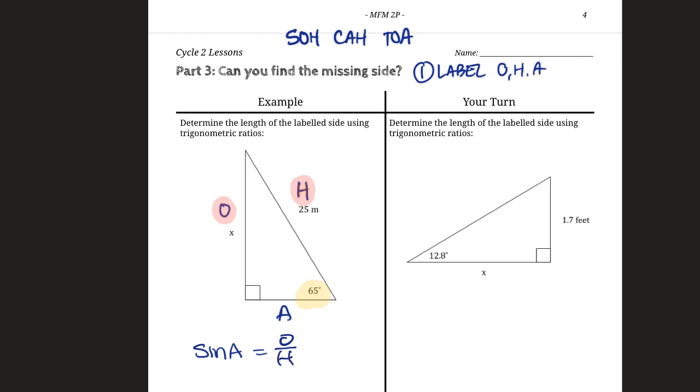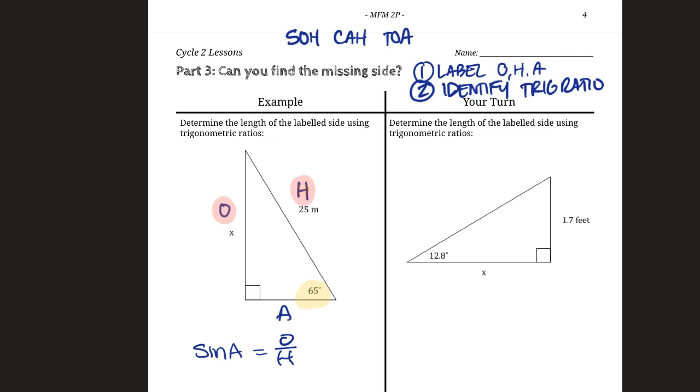So there we go. We now know we can use sine to help us with this question. So the second step here is identify the correct trig ratio. Okay? So that's the one. Sine is going to be useful here. For another question, it might be cos or tan, but here it's sine.